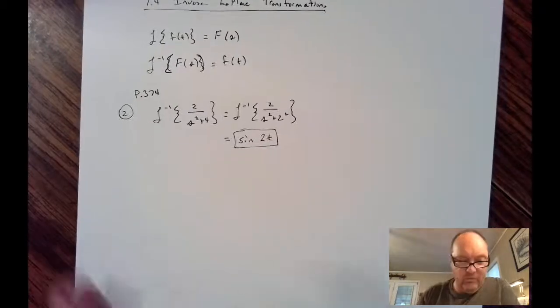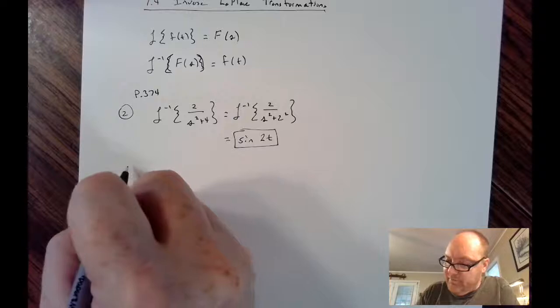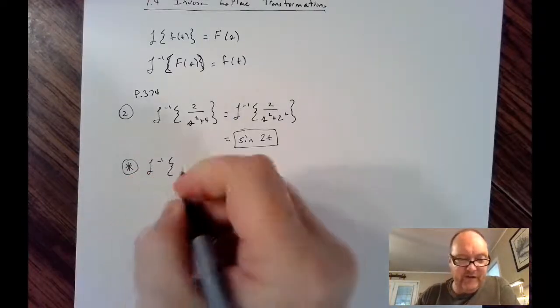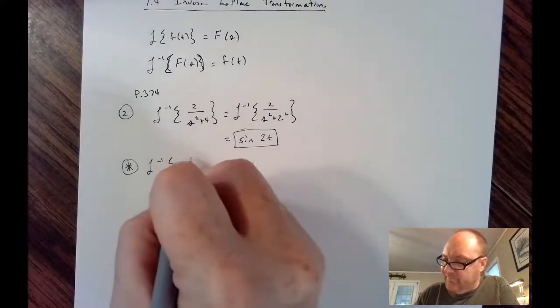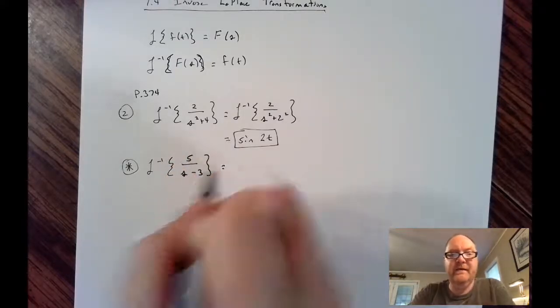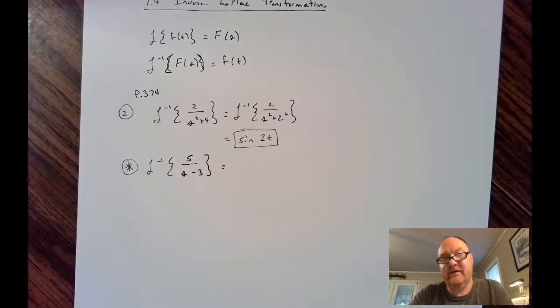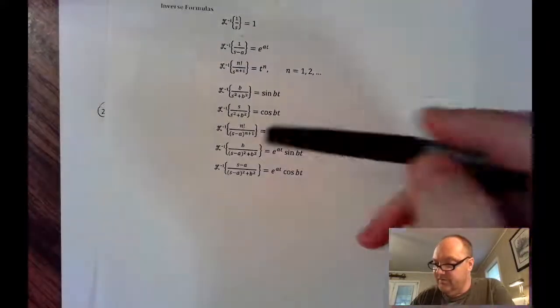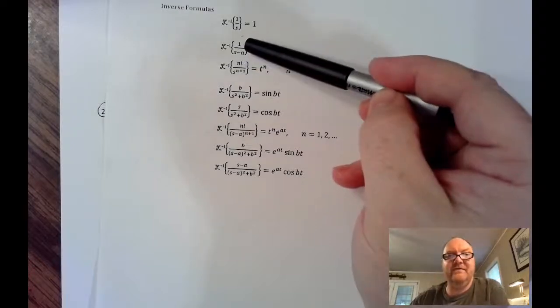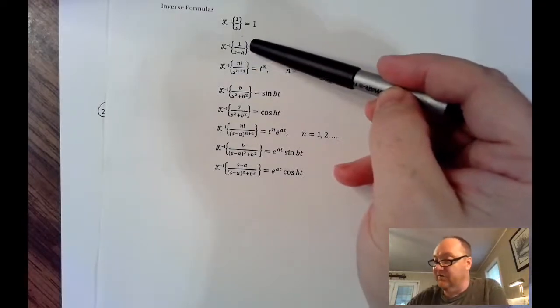So everything was there. Again, I just had to recognize what form it would look like. Okay, I want to work one that I didn't choose out of the book, just so you'll see it. If I do the inverse transformation of, say, 5 over s minus 3. So again, I need just an s to the first power, so that limits my choices. I think it looks most like this second function. It certainly looks like the first, doesn't it?